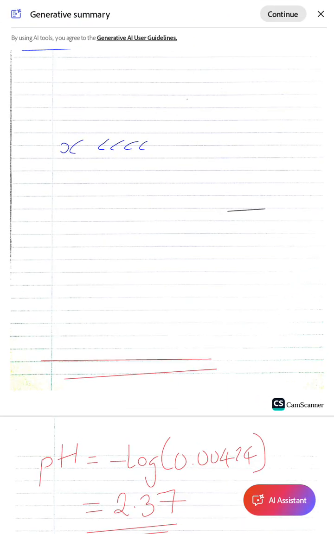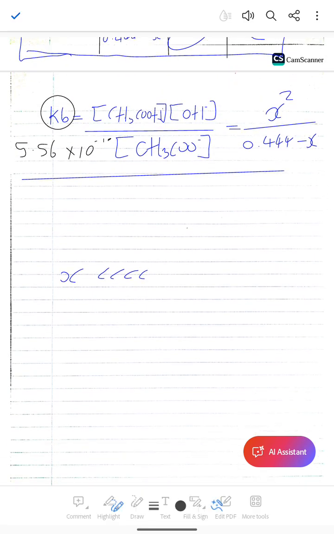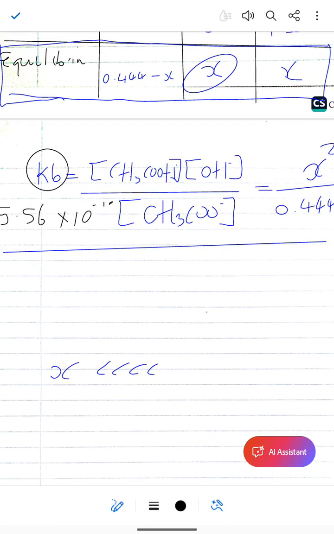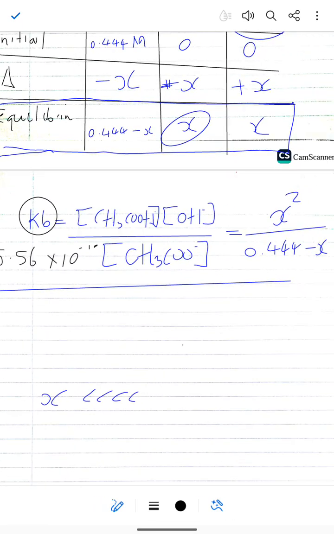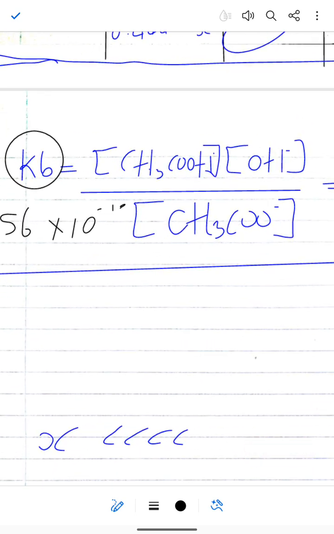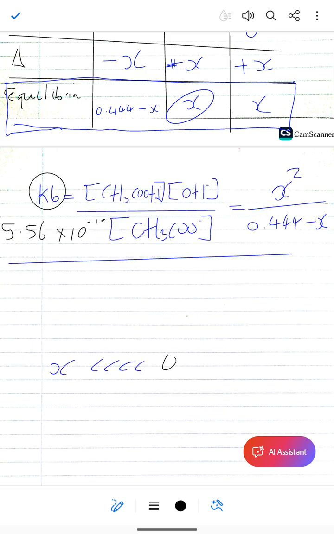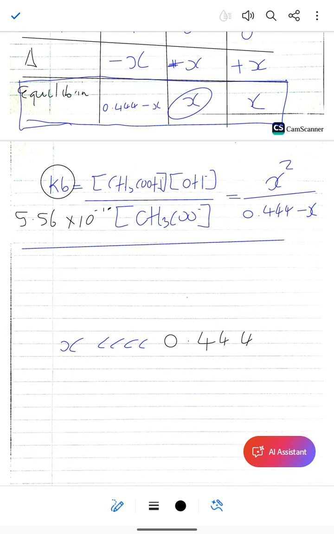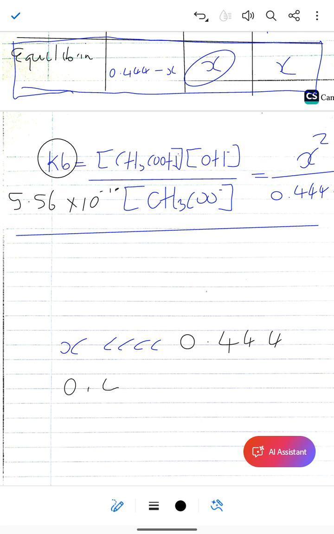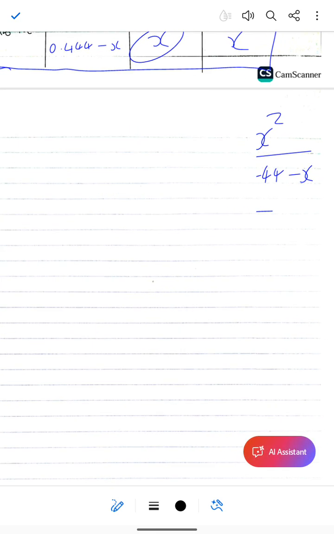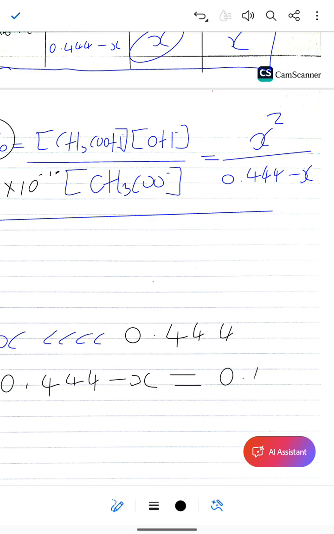Yes. Now, continuing. Like I said, whenever you arrive here, we are going to take our assumption, right? Let's assume that this x is very, very small compared to 0.444, to a point whereby if we subtract this x from 0.444, we still get 0.444 approximately, right?